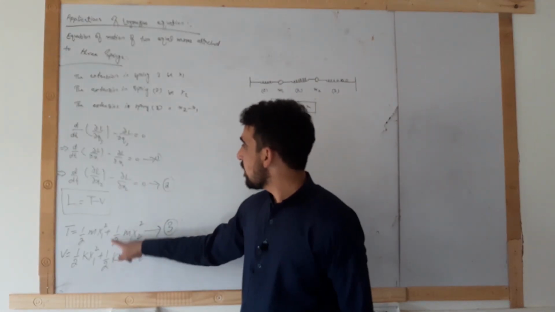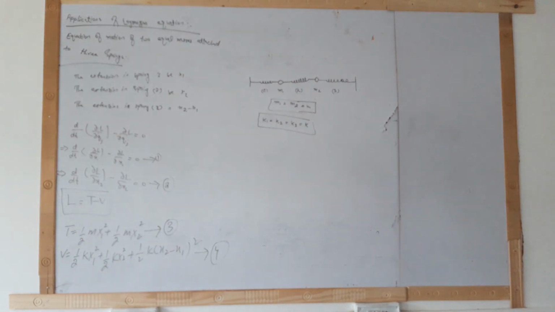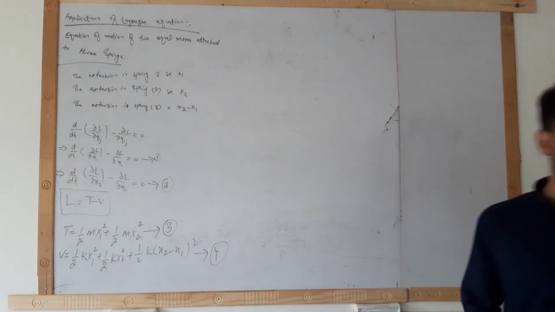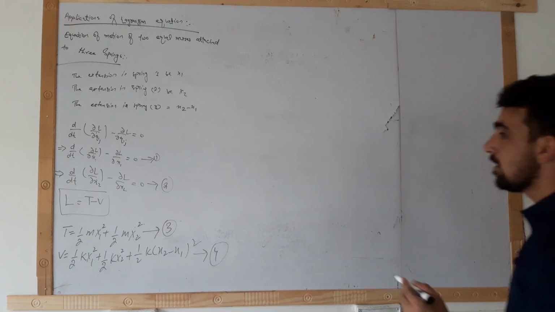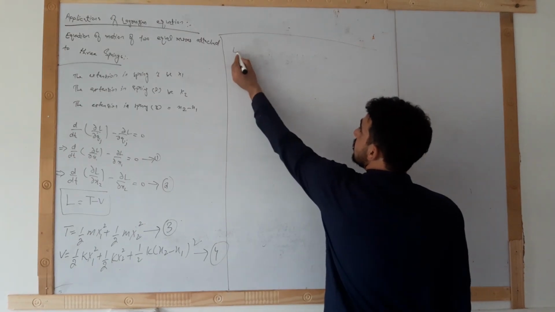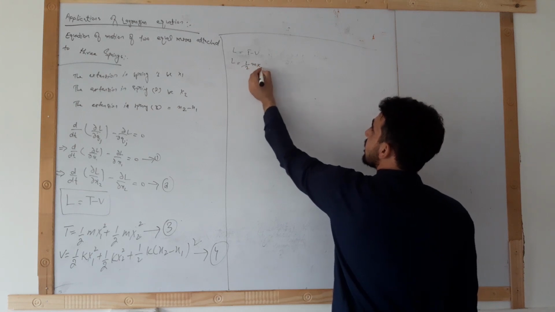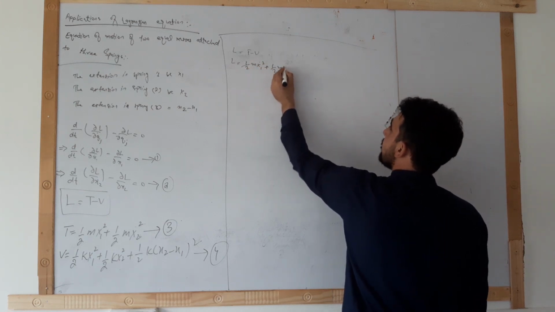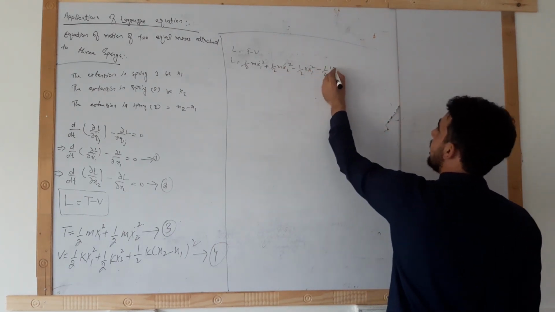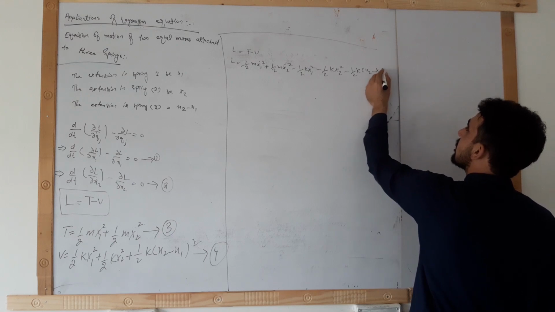Now let us put these values in equation number 1 and then in equation number 2 respectively. Let us find L first. L is equal to T minus V, so L is equal to half m x1 dot square plus half m x2 dot square minus half k x1 square minus half k x2 square minus half k times x2 minus x1 square.